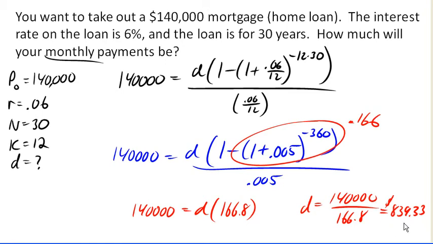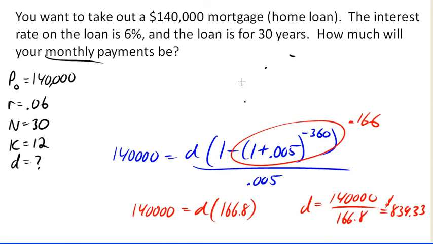And so we figured out that our monthly payments on this loan would be $839 a month for the 30 years. Now, as we've often done, we might wonder, how much interest are we going to pay on this loan over its life? Well, let's find out. So I'm paying $839.33 each month, 12 months in a year, 30 years that we're talking about.